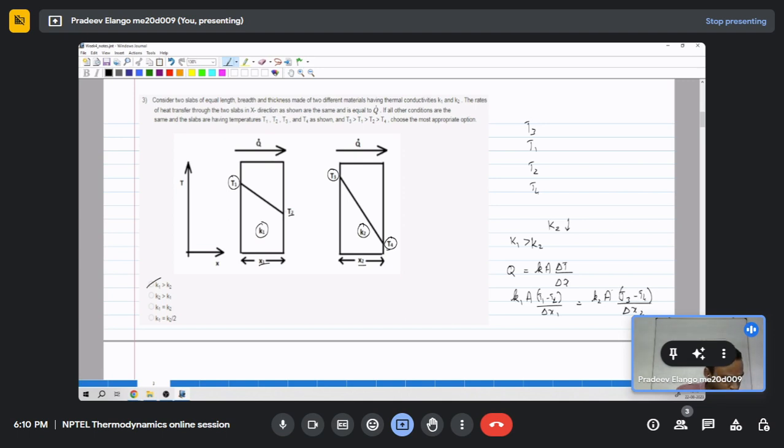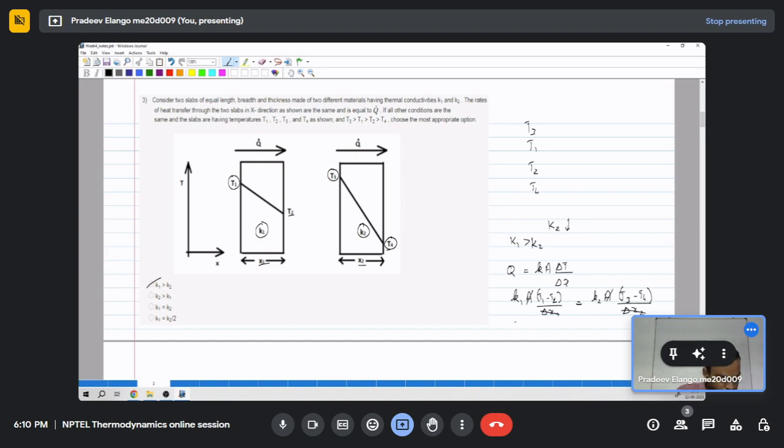Here K and area are the same because the slabs have equal length, breadth and thickness, so delta x is also the same. So we are left with only K1 into (T1 minus T2) is equal to K2 into (T3 minus T4). Now these two quantities are equal, but we know T1 minus T2 is less than T3 minus T4.